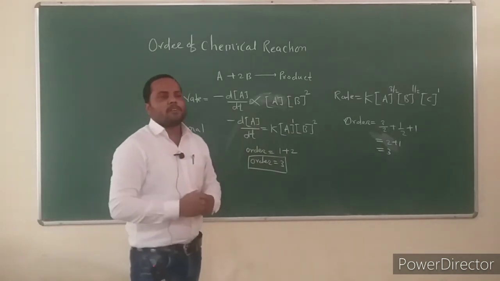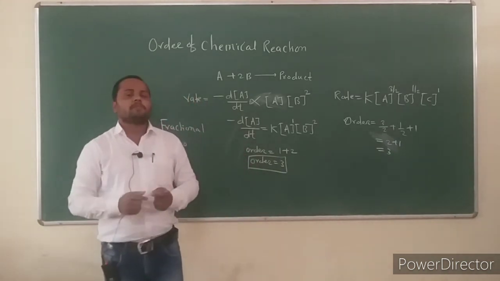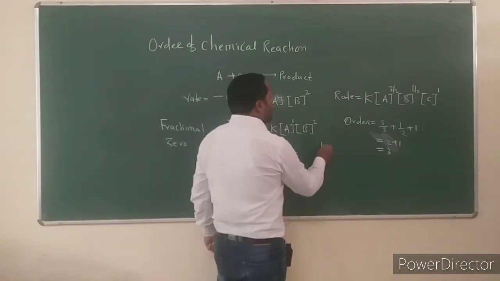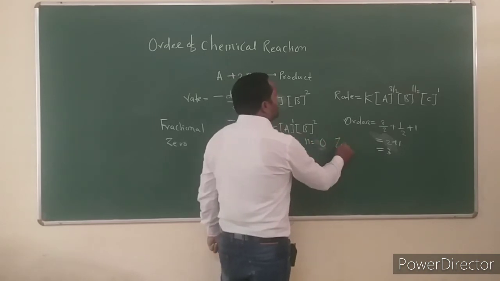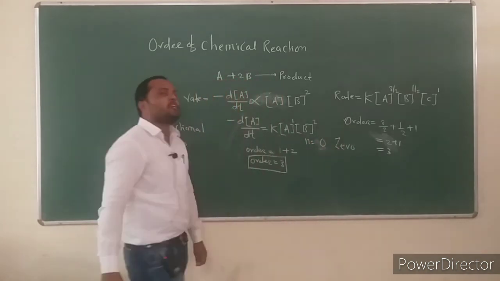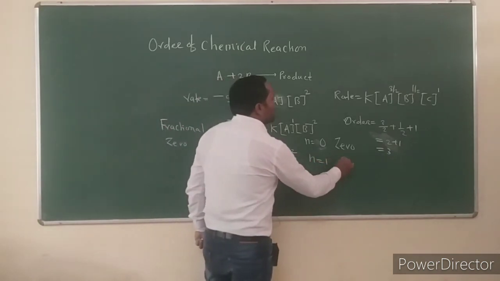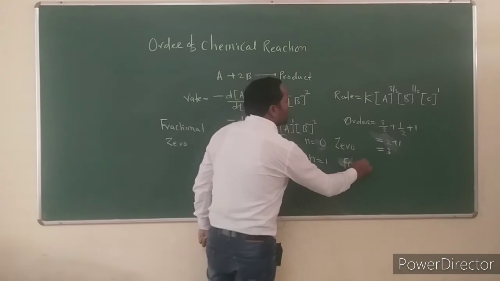On the basis of the order of chemical reaction, the chemical reactions are classified differently. If the order of reaction n is 0, then the reaction is known as a zero order reaction. If the order is 1, it is a first order reaction.